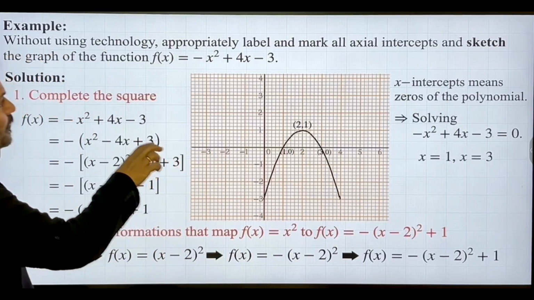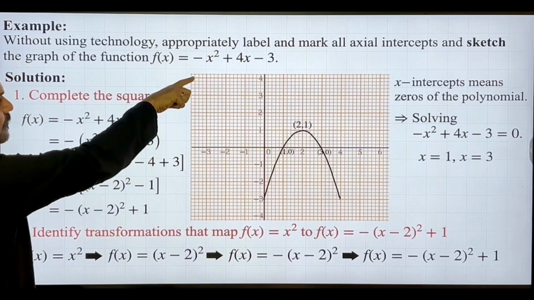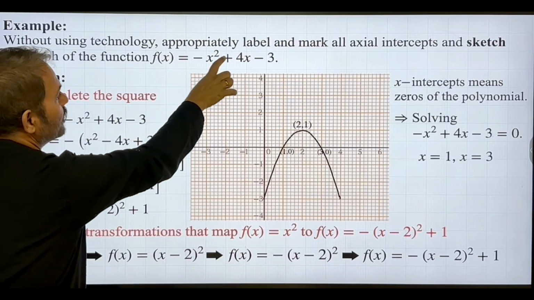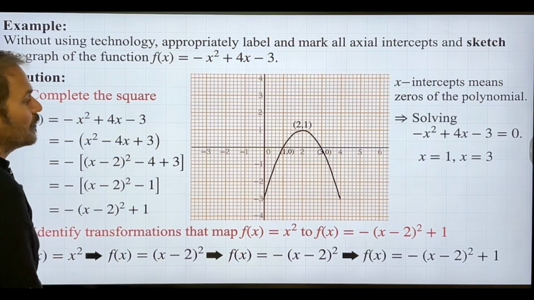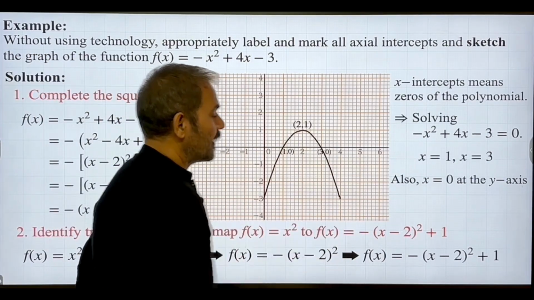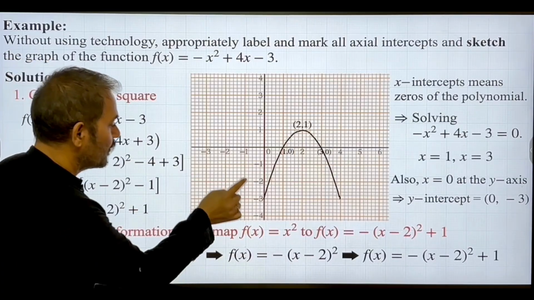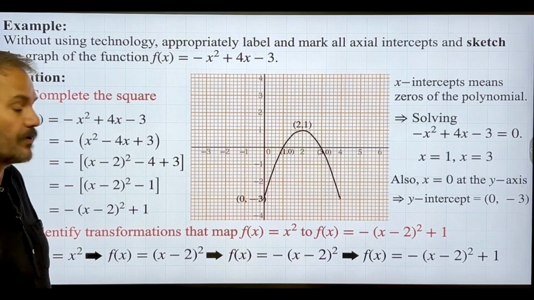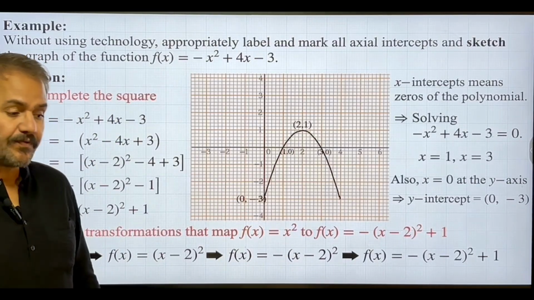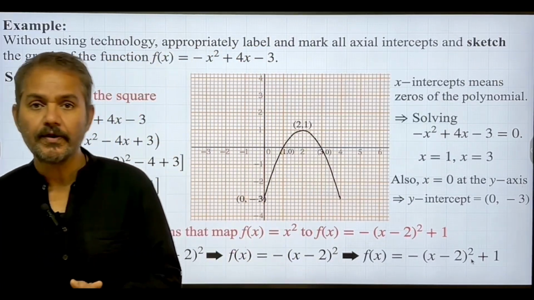For the y-intercept, at the y-axis, x is equal to 0. So when x is equal to 0, this is 0, this is 0, this is negative 3. So y will be negative 3, and the y-intercept will be 0, negative 3. You can mark your y-intercept here. So that's how you use different transformations to sketch a curve without using a calculator.